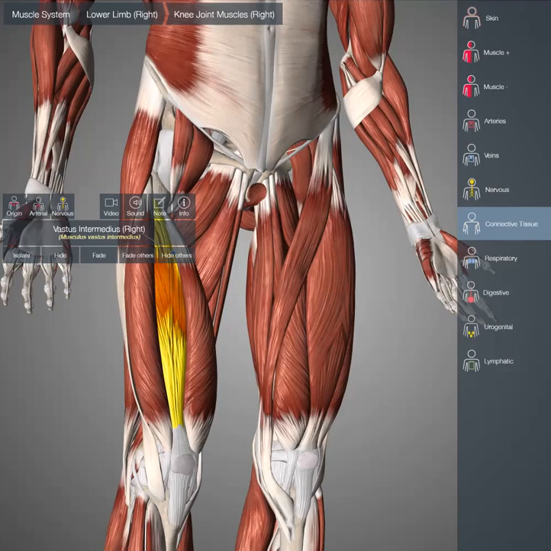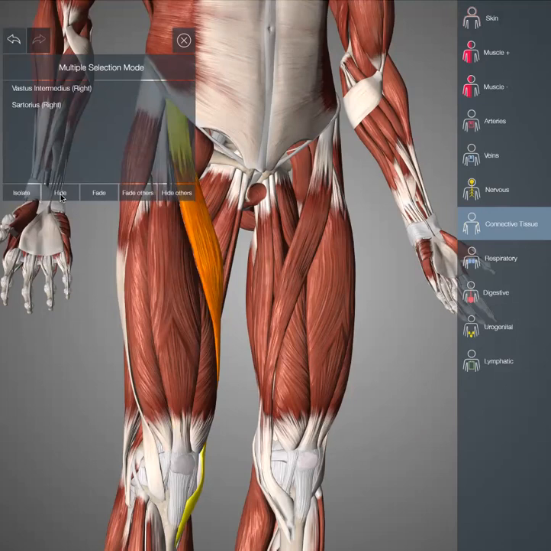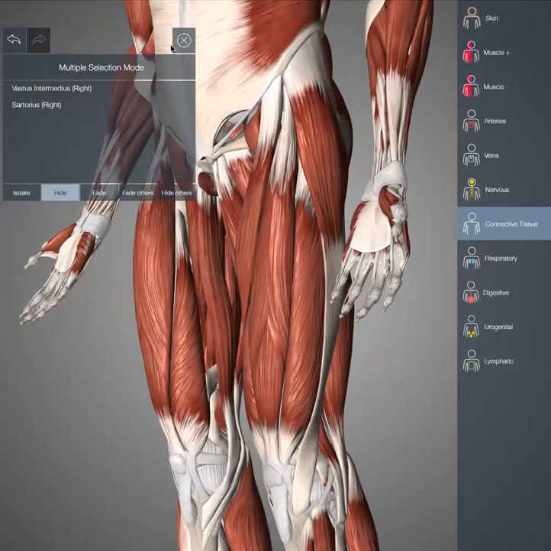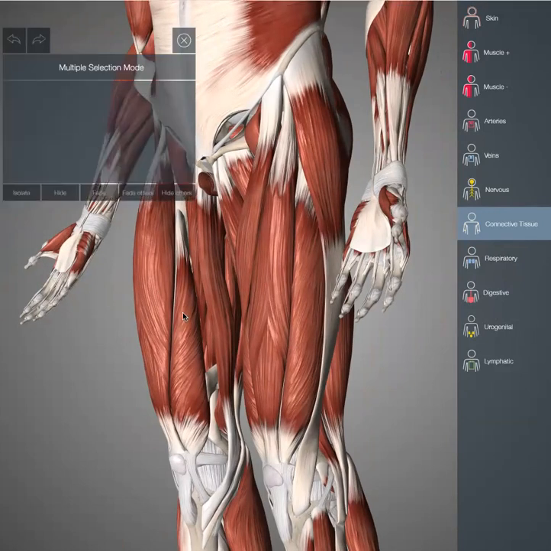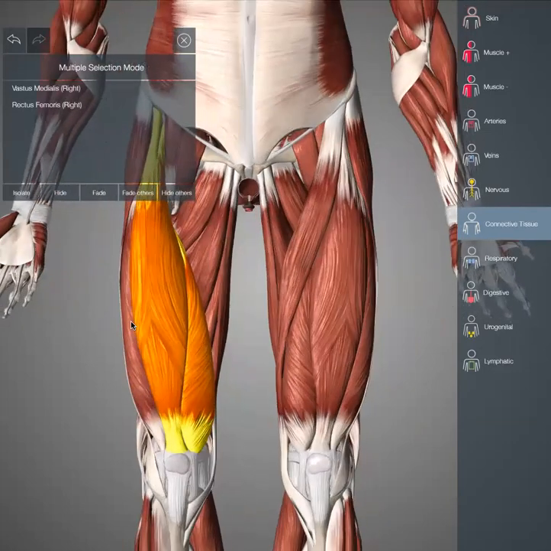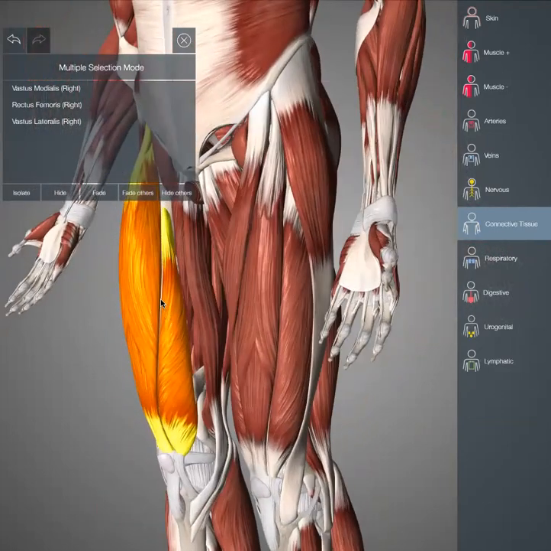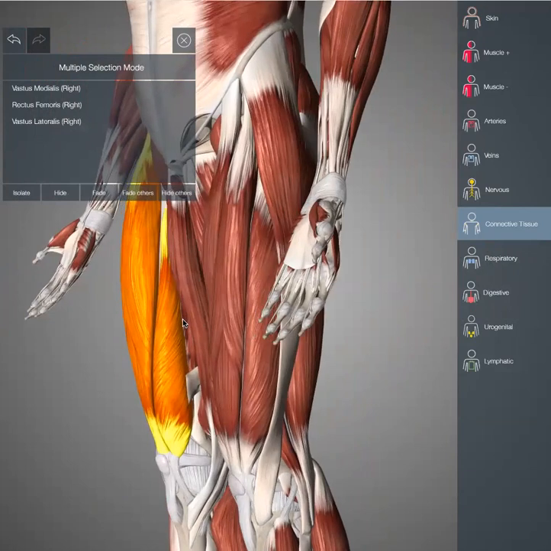We will make multiple selection again. I will have to reset. Here, I want to select the medialis. And I need the one below. I don't know if I can get it. It's not this one. Maybe this one.